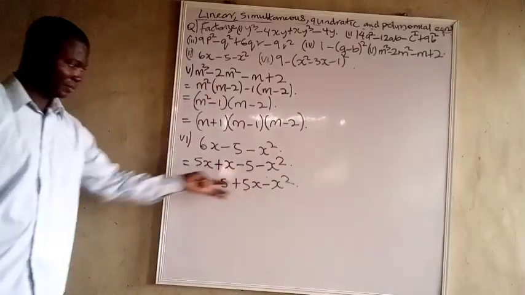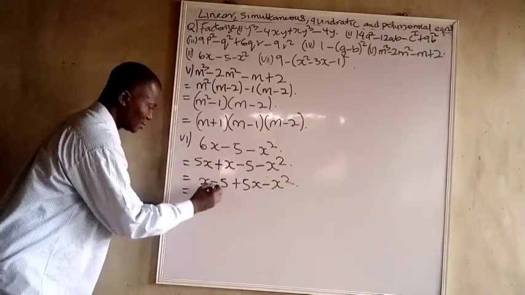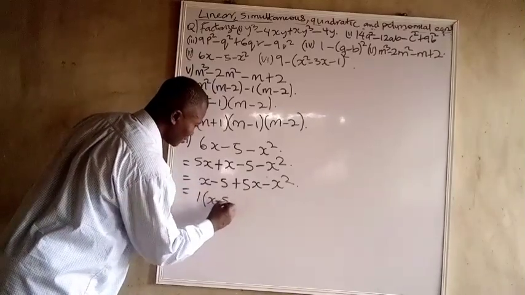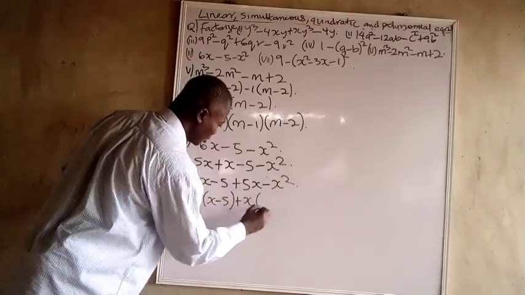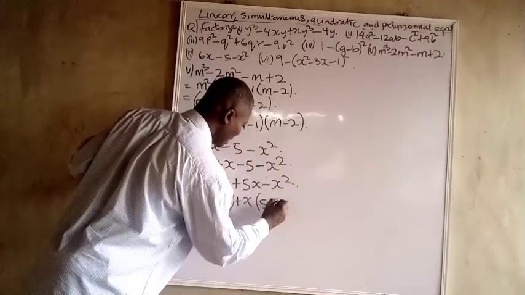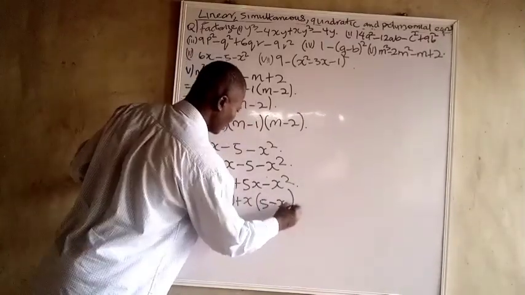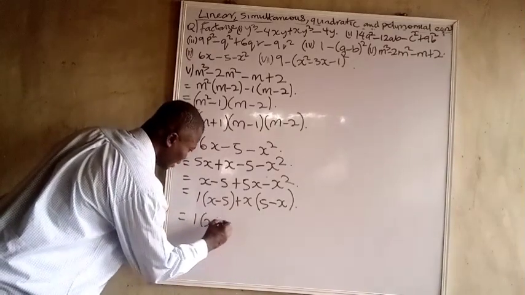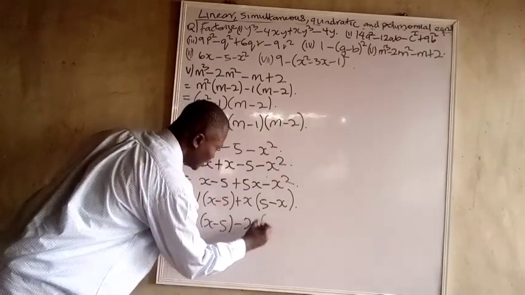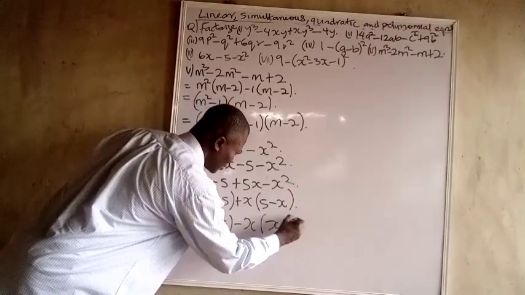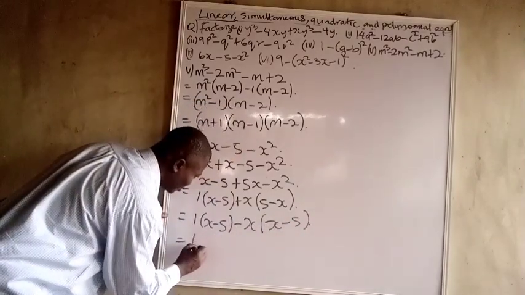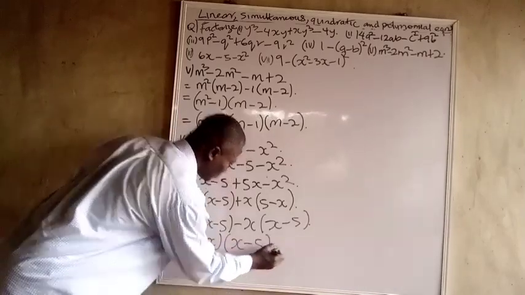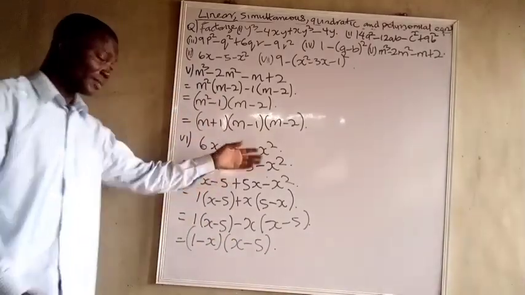So it's going to be 1 into x minus 5 plus x into 5 minus x. So it's also 1 into x minus 5 minus x into x minus 5. So I have 1 minus x into x minus 5. So that's the factorization of this.